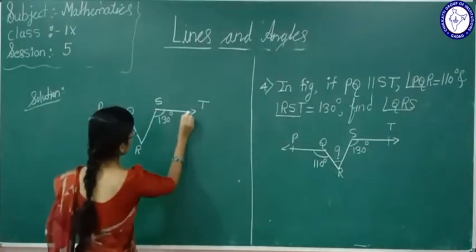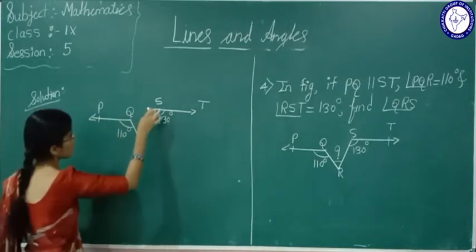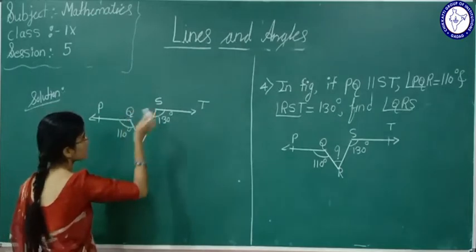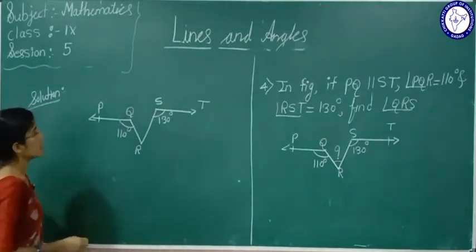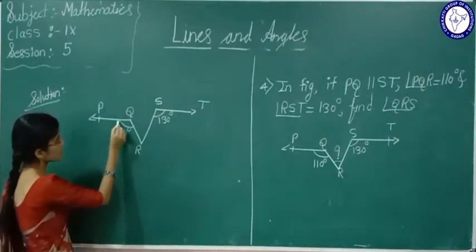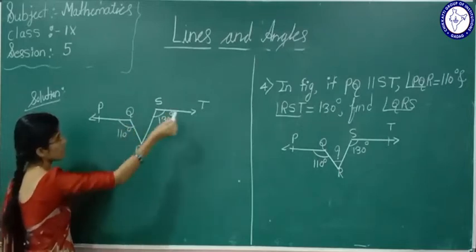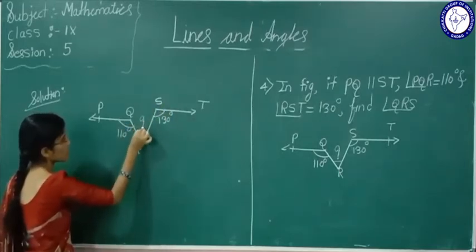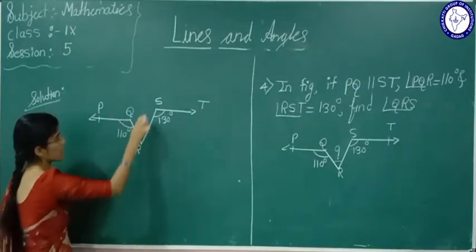Now see here, students, they have given PQ is parallel to ST. These two lines are parallel, and they have given this angle is 110 degrees and TSR is 130 degrees. They told us to find out angle QRS.